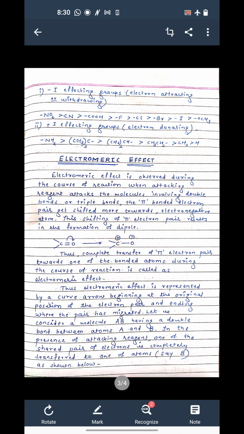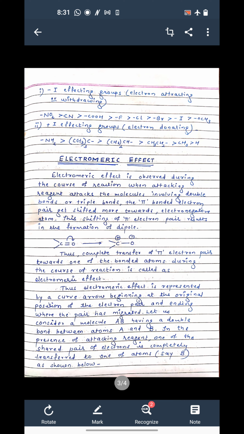So we can define the electromeric effect as the complete transfer of the pi electron pair towards one of the bonded atoms during the course of reaction. Thus, electromeric effect is represented by a curved arrow, as you can see here on the carbonyl group, a curved arrow beginning at the original position of the electron pair and ending where the pair has migrated.